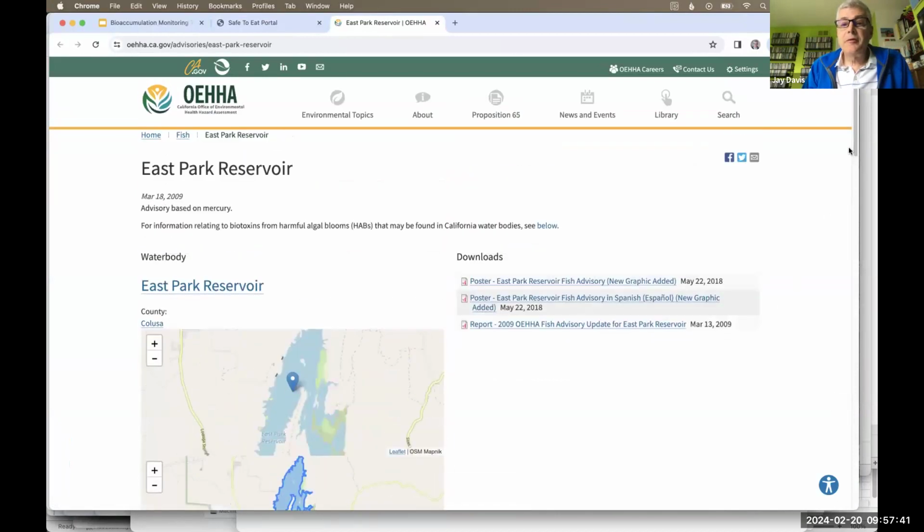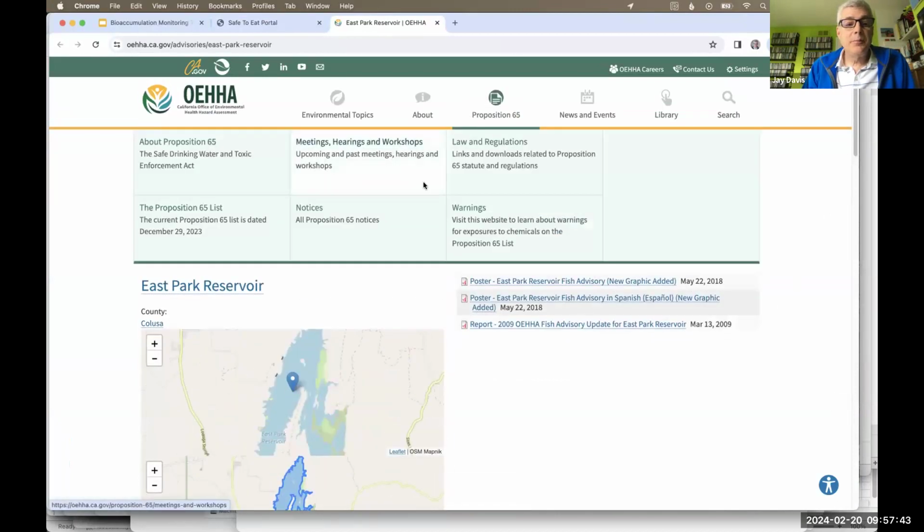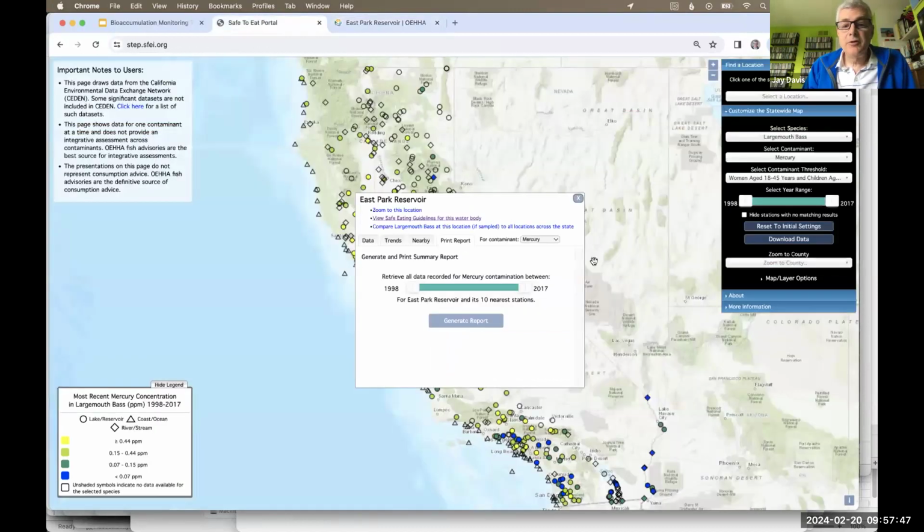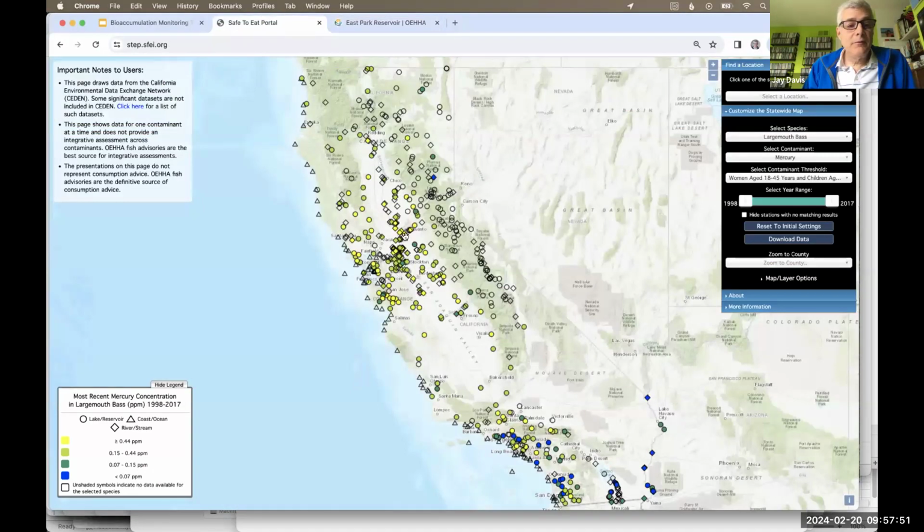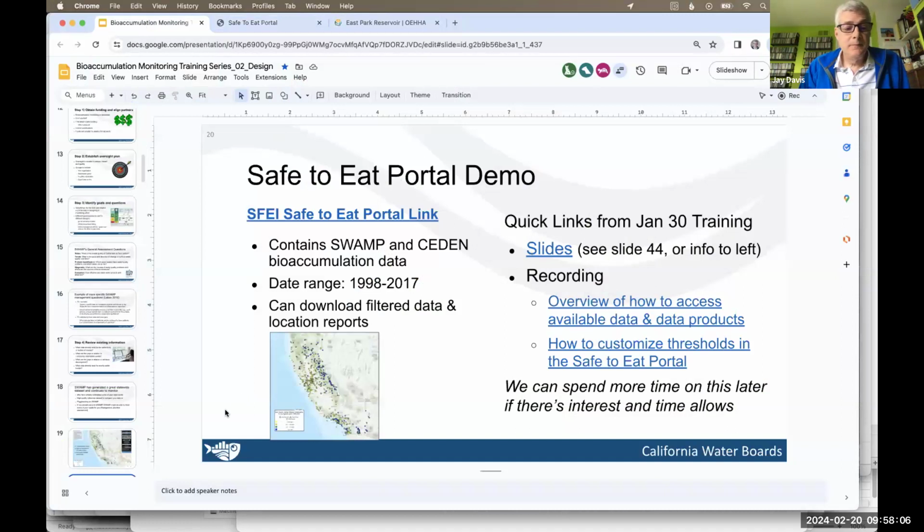If there's not a specific advisory, the portal shows the statewide general advice for lakes. So this is a very useful tool for knowing A, if there's data for your water body, and then B, what's been monitored in the region. So we're going to play around with that more later this morning.